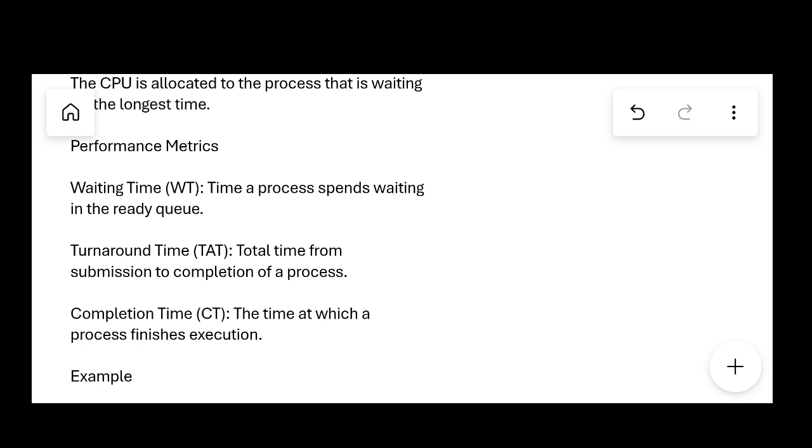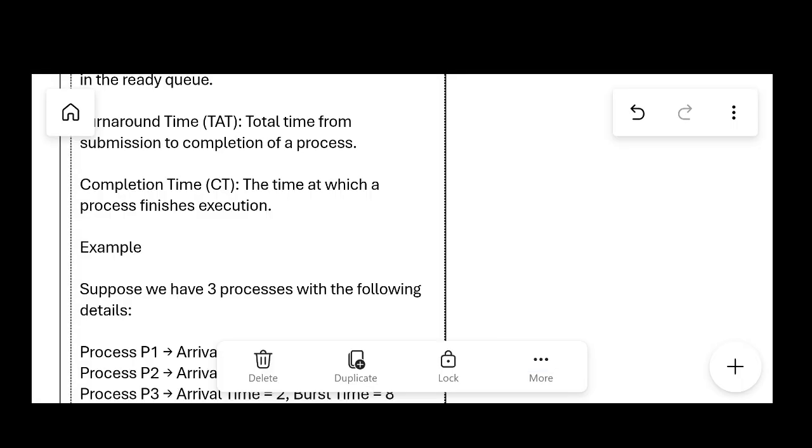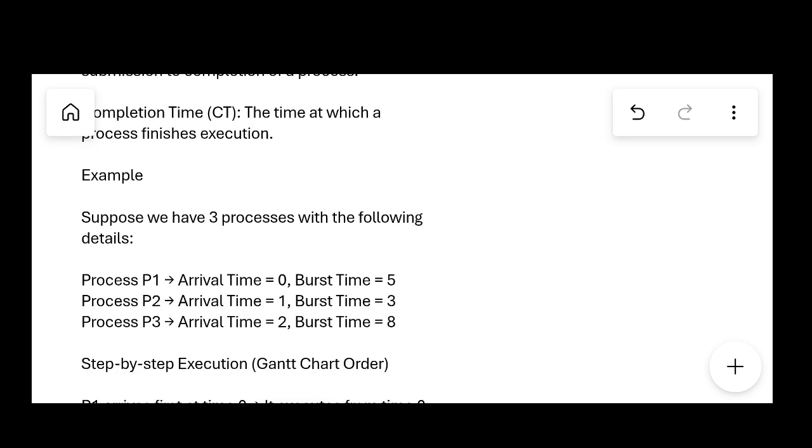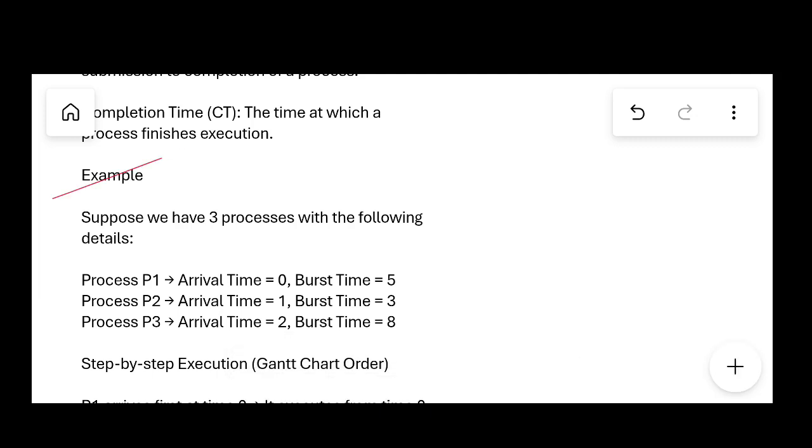See the example. Suppose we have three processes with the following details.